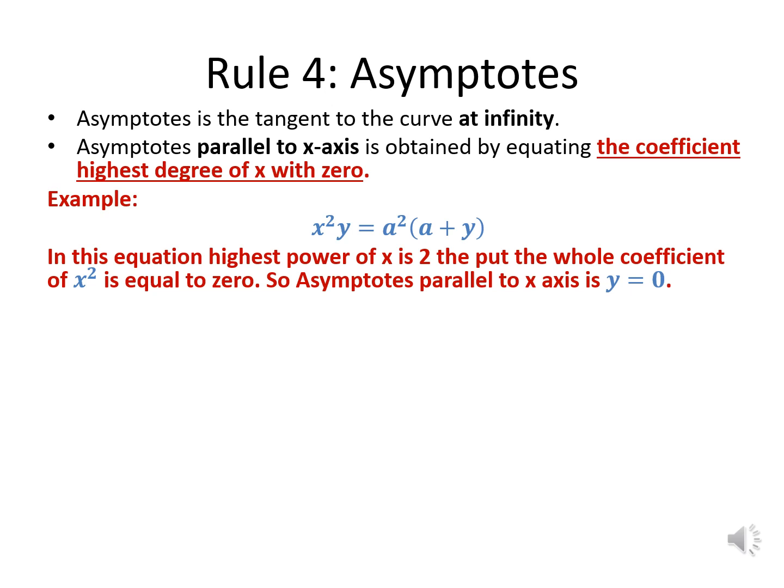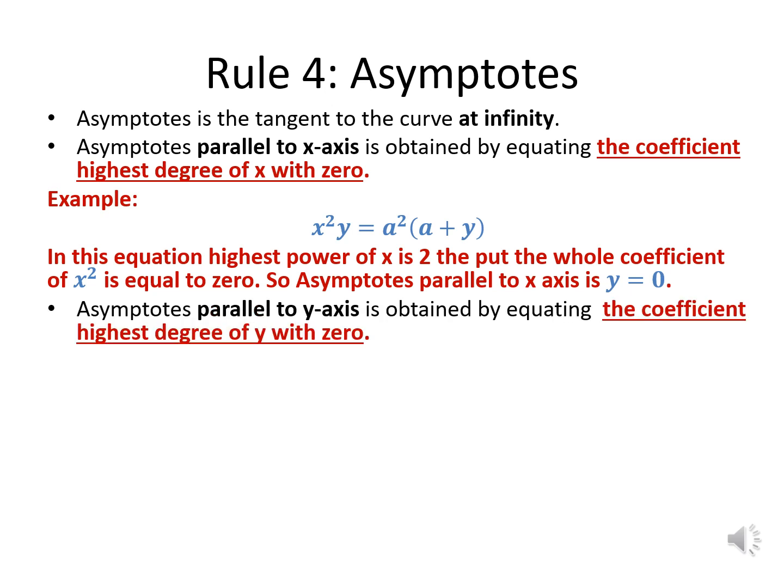Similarly, if we have to find asymptotes which are parallel to the y-axis, then we have to put the coefficient of the highest degree of y equal to 0. For example, the same equation x square y is equal to a square into (a plus y). Here the highest degree of y is 1, but it appears 2 times. So we have to first combine the coefficient of y.